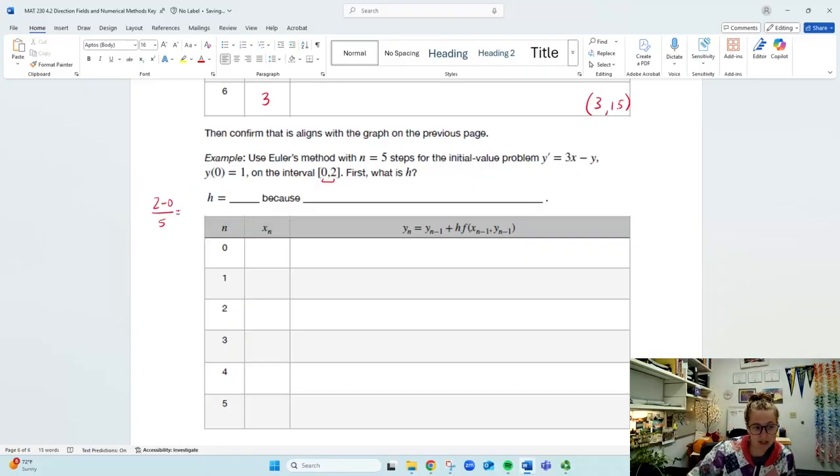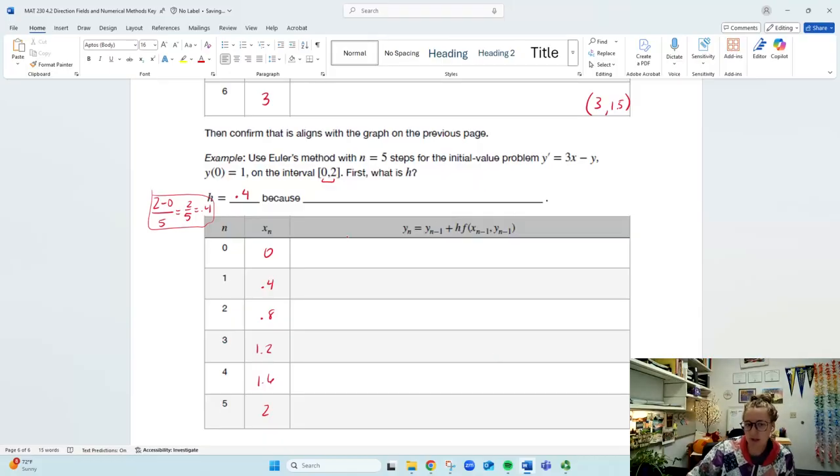So this is going to be a step value of 2/5 or 0.4. That's essentially what I just did over here. So I'm going to start out at 0 and then go by 0.4 for my x value that I'm plugging in each time. And then I should end up back at 2 right here.